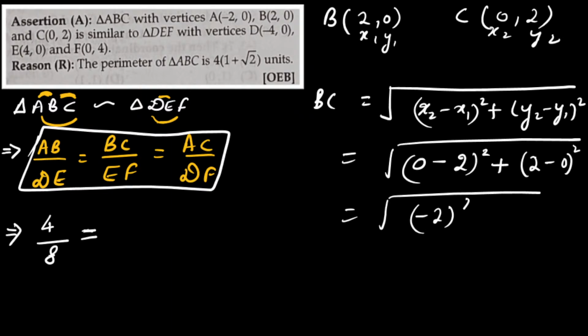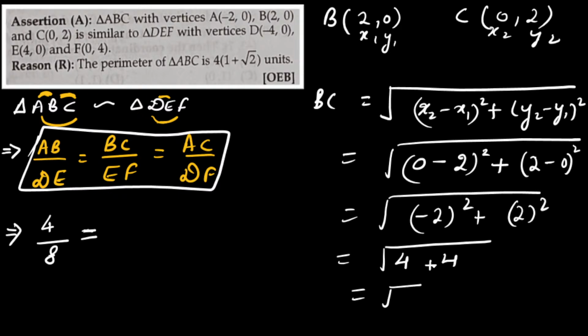So -2 whole square plus 2 whole square. The square of a negative is always positive. 2 square is 4, so the square of negative 2 is also 4, and here also 2 square is 4. So we got 4 plus 4, 8, so square root of 8.